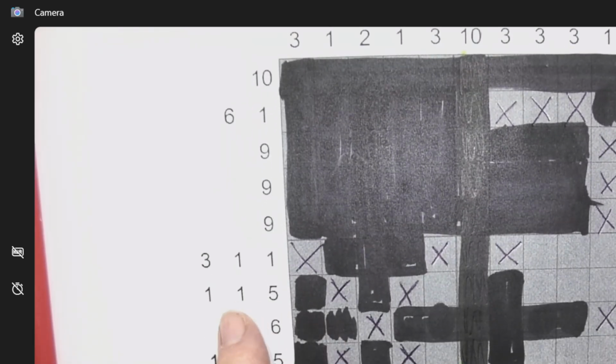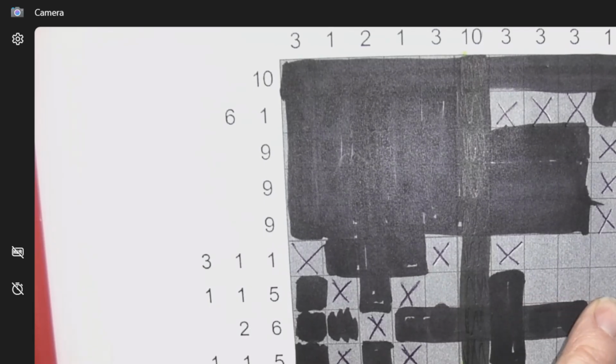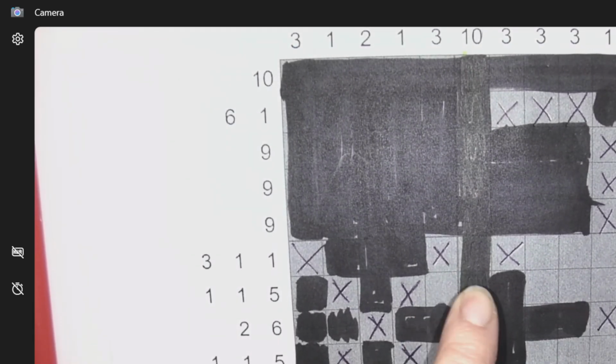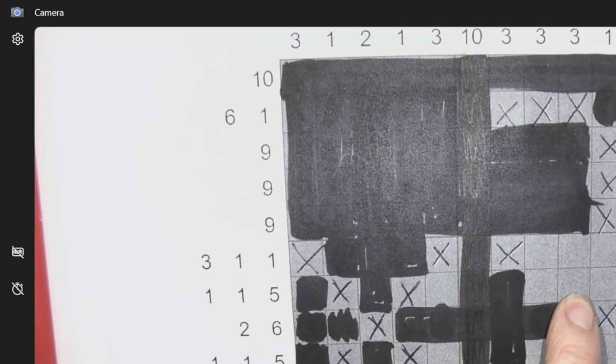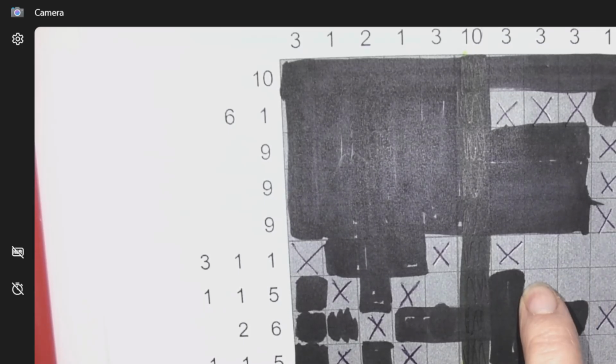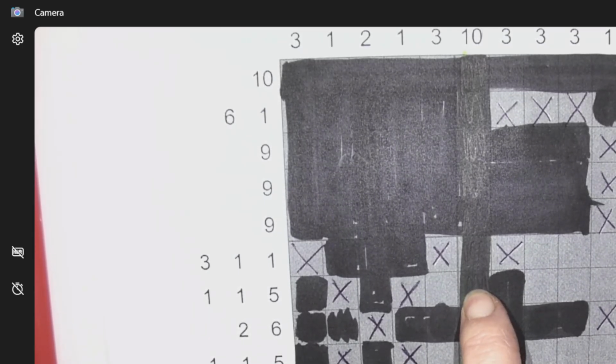Okay, so this is something I do. I need 5 in a row here. So I say, well, what if I started from this side? 1, 2, 3, 4, 5. What if I started from this side? 1, 2, 3, 4, 5.